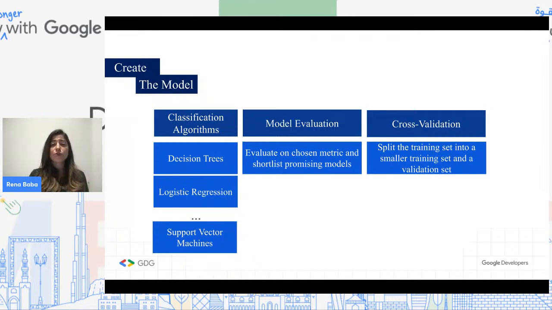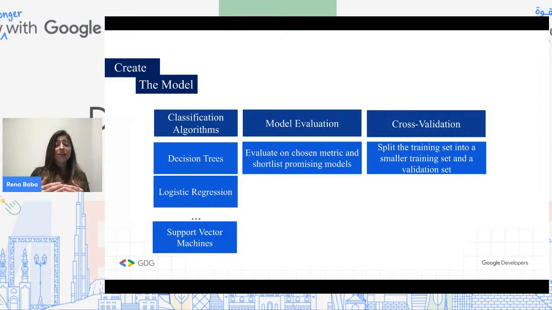And here it's really important to split the data, or the training set, into validation and testing sets. The reason is you want to see whether the model is overfitting. With the validation data set, you will be able to see if the model is performing really poorly.